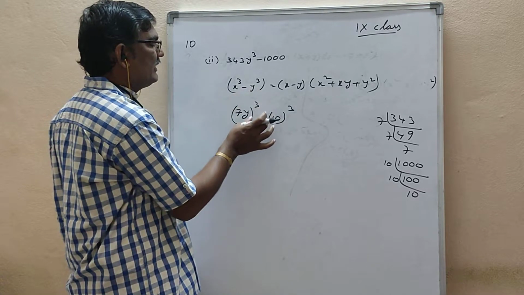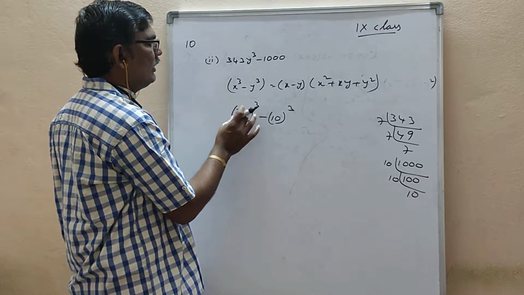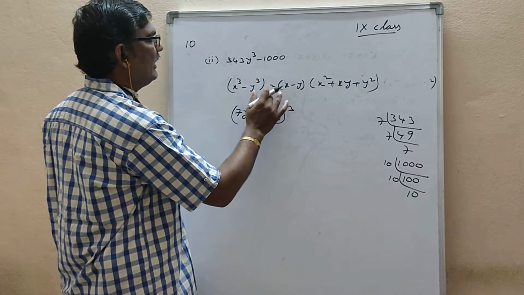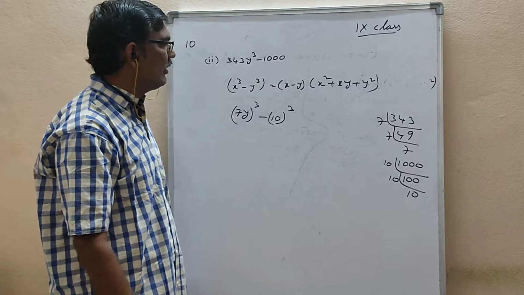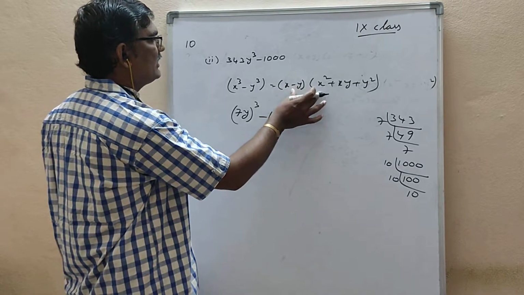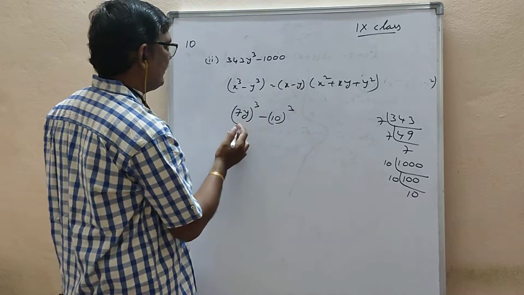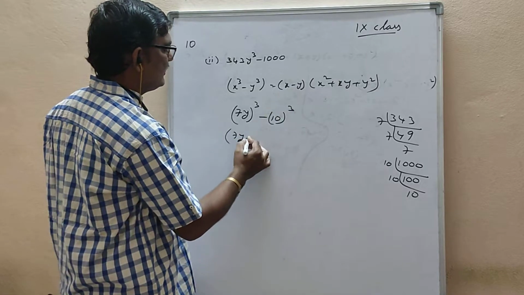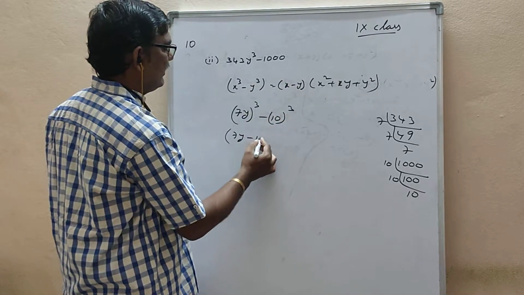By comparing LHS with this one, you will get the values of x and y that you have to substitute. So wherever in the right hand side x is there, you have to write 7y. Wherever y is there, you have to write 10. So now RHS, this one. First x minus y is there. X means what you have here, 7y, minus y means what you have here, 10.